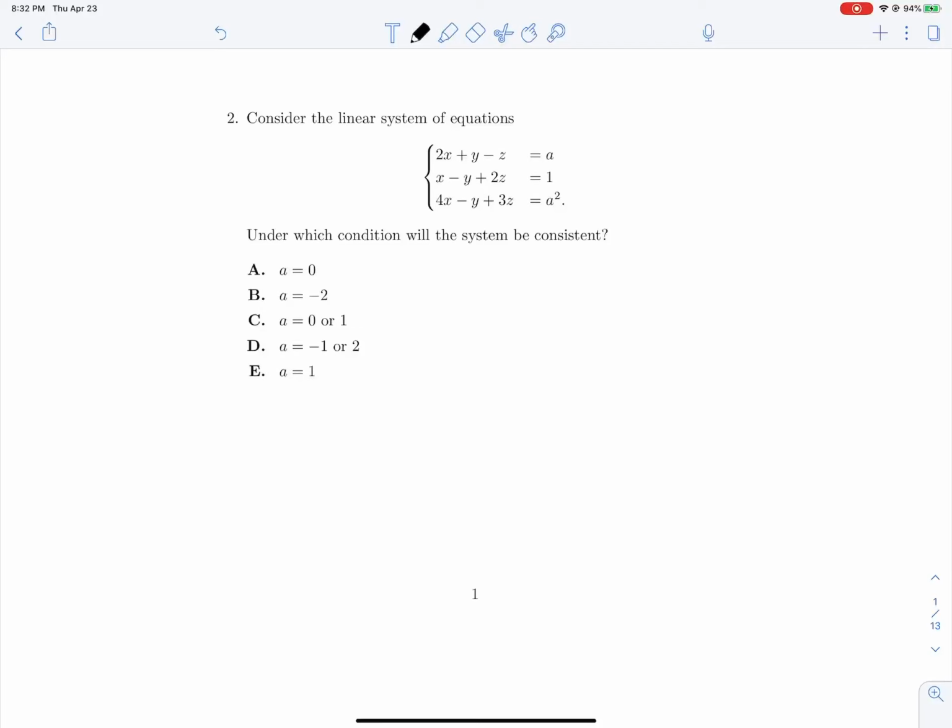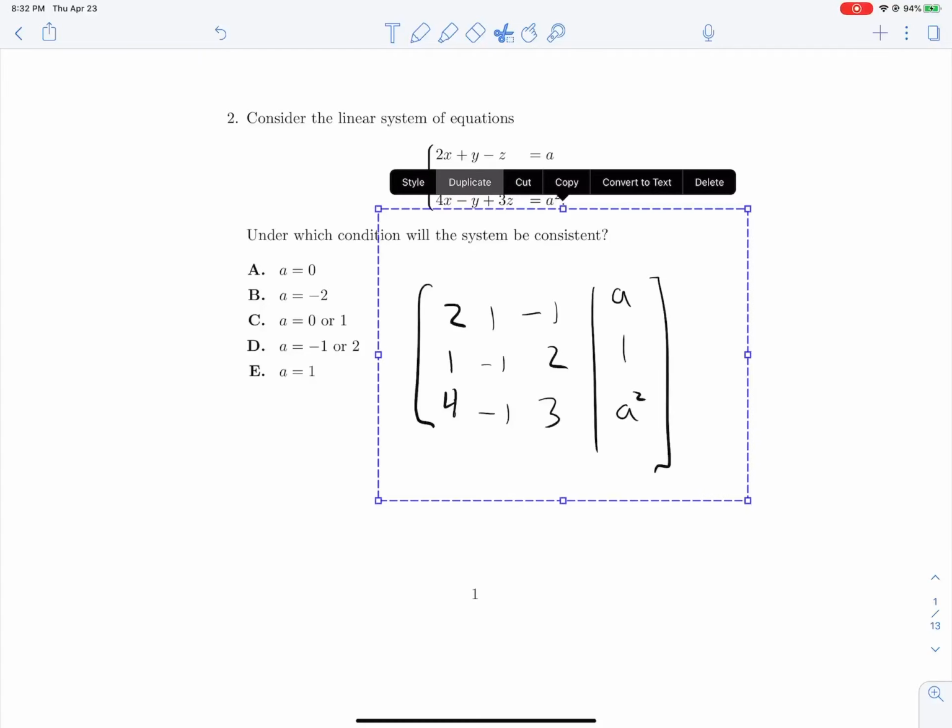Let's consider this linear system of equations. Under which condition will the system be consistent? Let's make this into a matrix. We have 2, 1, negative 1, a, 1, negative 1, 2, 1, 4, negative 1, 3, a squared.